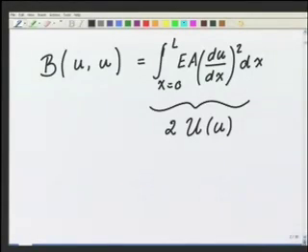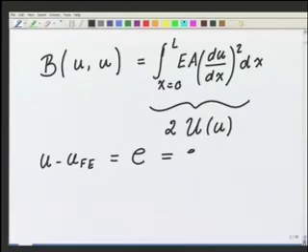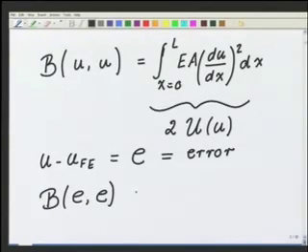So when I am talking of b(u - u_fe, u - u_fe), first of all, u - u_fe as we had defined is equal to the error in the solution. This is the exact, this is the finite element, the difference of the two is the error. So I could write b(u - u_fe, u - u_fe) in the short form b(e, e), which is nothing but, by our definition, twice the strain energy of the error.